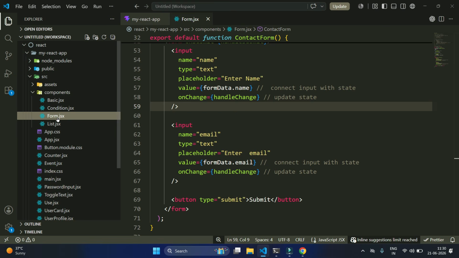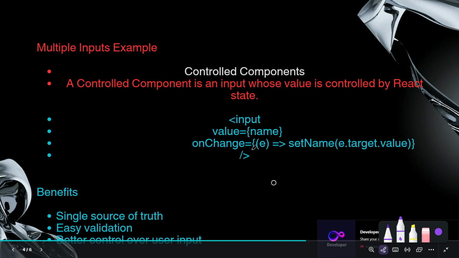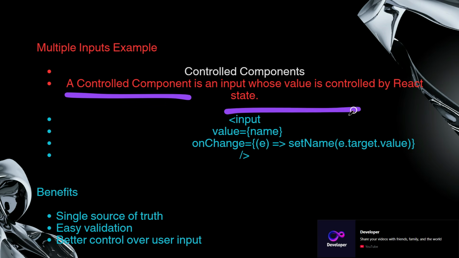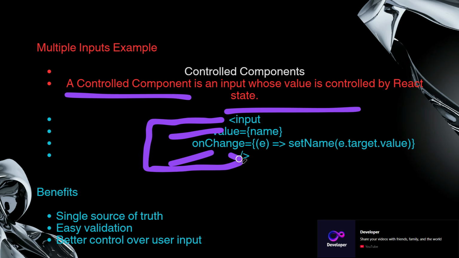After that we have the controlled component. It is very simple. A controlled component is an input whose value is controlled by the React state, through the value and onChange attributes. Whenever you see value and onChange in the input field, it means it is a controlled component.